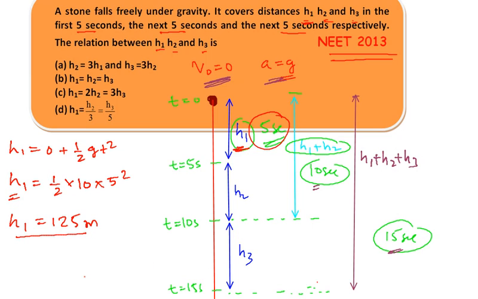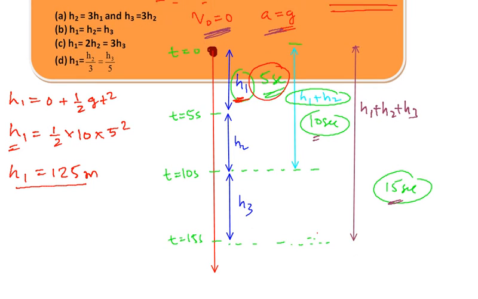Similarly, write an expression for the distance traveled in 10 seconds, which is h1 plus h2. Using the same equation, h1 plus h2 equals V naught t plus half g t square.